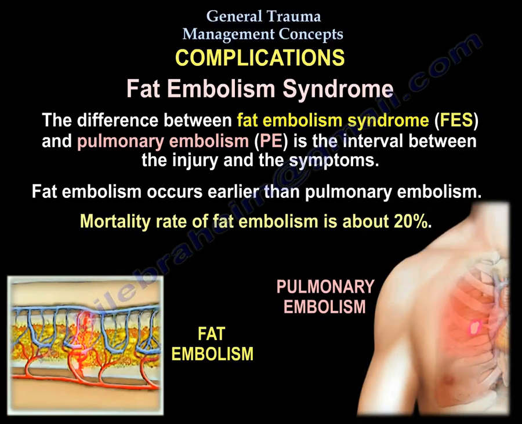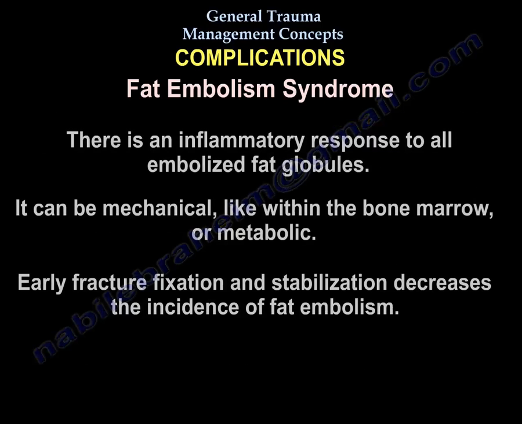Fat embolism occurs earlier than pulmonary embolism. The mortality rate of fat embolism is about 20%. This is an inflammatory response to embolized fat globules. It can be mechanical, like in the marrow, or metabolic. Early fracture fixation and stabilization decrease the incidence of fat embolism.